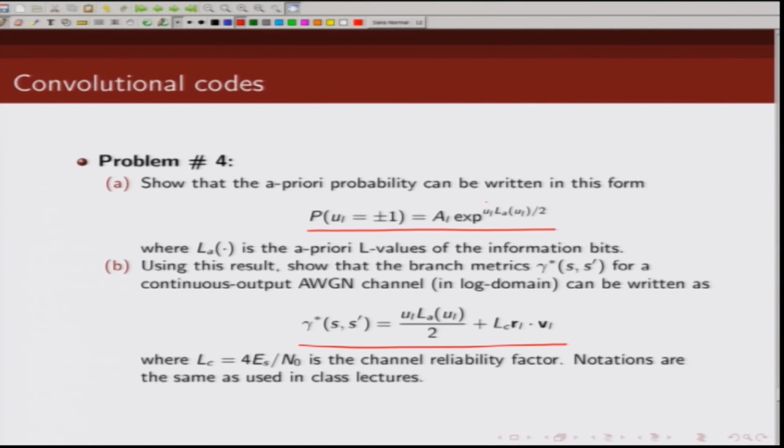Now, UL is my input, LA is the APP value for the a priori inputs, LC is the reliability factor which is given by 4 times Es by N naught. Other notations are same as which are used in the lecture. V is code word, R is a received sequence. So, can we write these in terms like this?